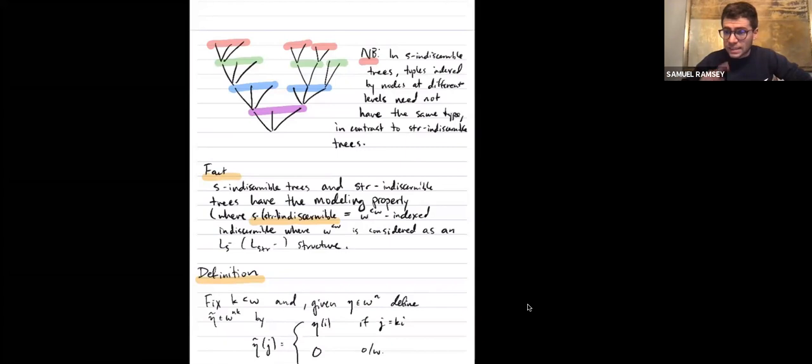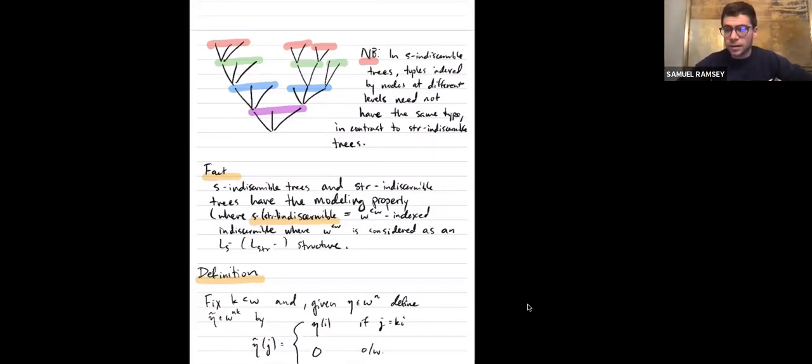Whereas in the STR language, a single node at level 6 has the same quantifier free type as something at level 8. And so paths in the STR language are actually indiscernible sequences, but in the S language they're not, and that's a big difference between the two.